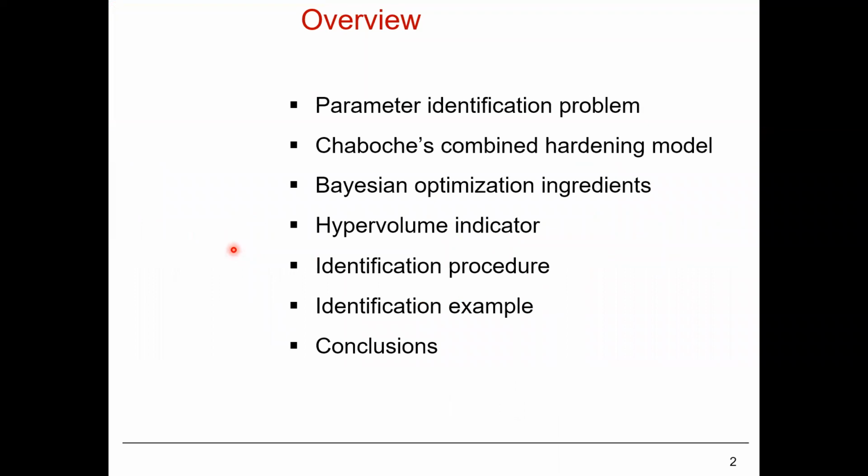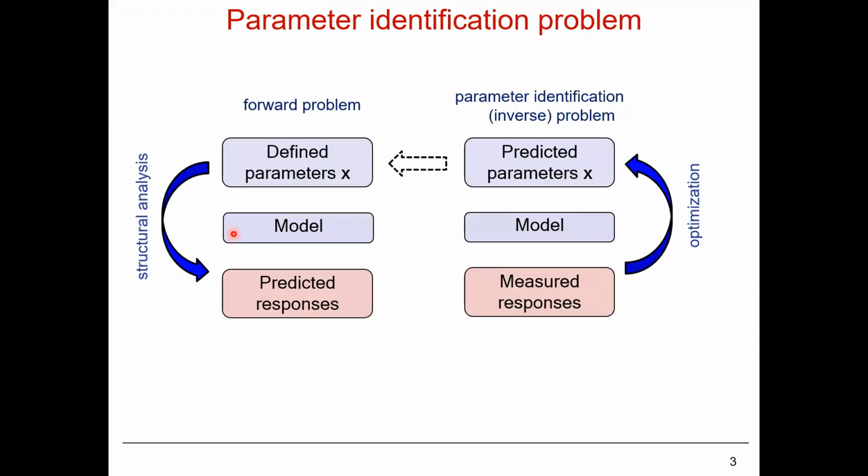So here is what I'm going to talk about today. In structural engineering, we often encounter forward and inverse problems. In forward problems, we define a set of parameters X, and the goal is to predict the structural responses of interest using a model or a simulation of our structures.